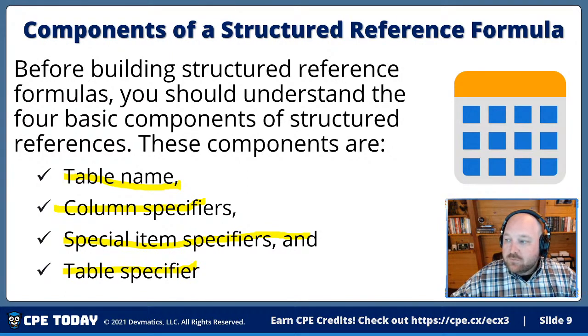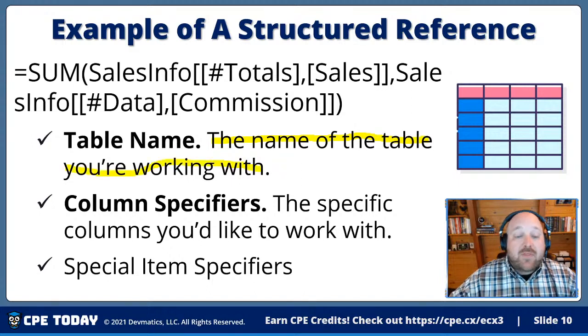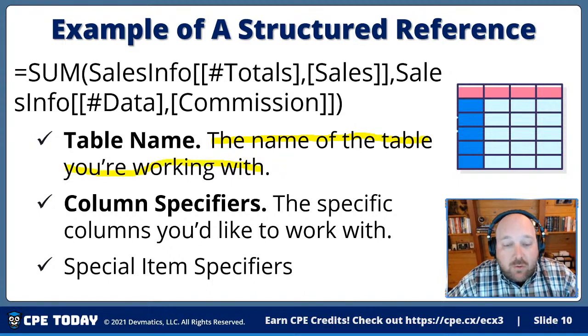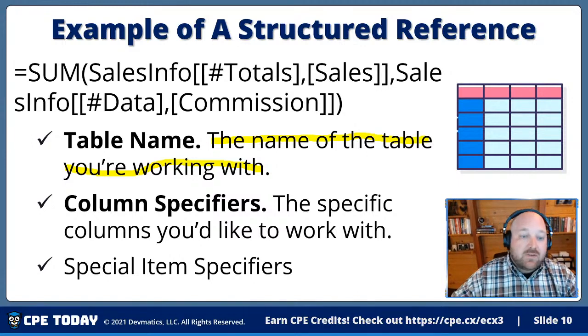So the first thing that we need to know is the table name. When we go to create our table, that table will have a name. By default, the first table of the workbook that you're creating will be Table1. The second table will be Table2, Table3, so on and so forth.